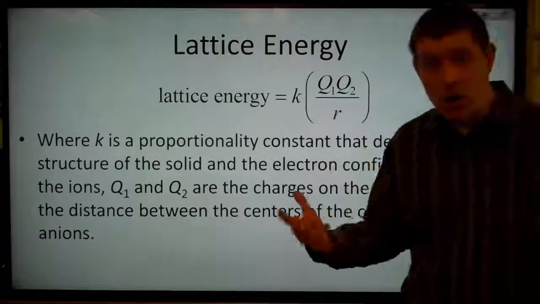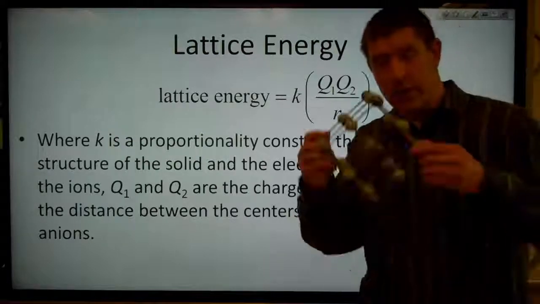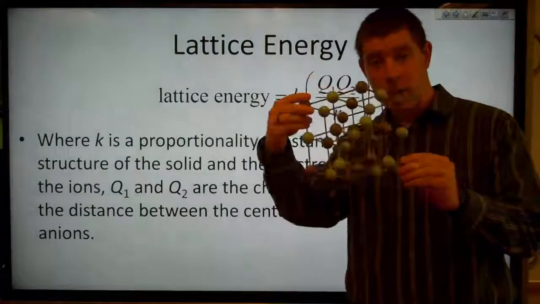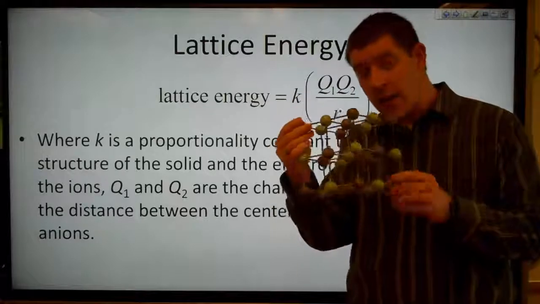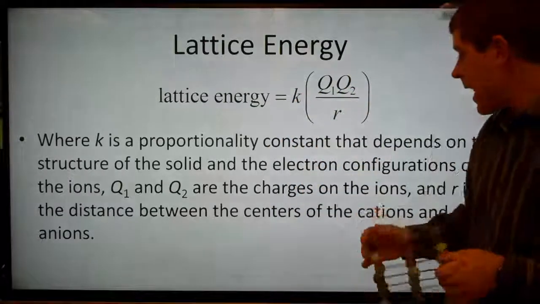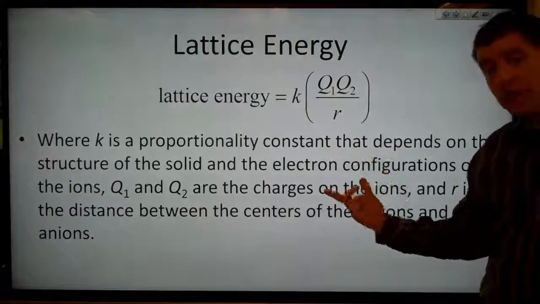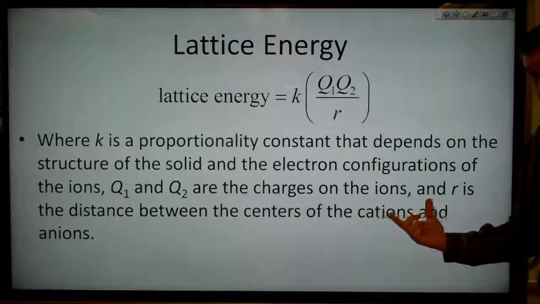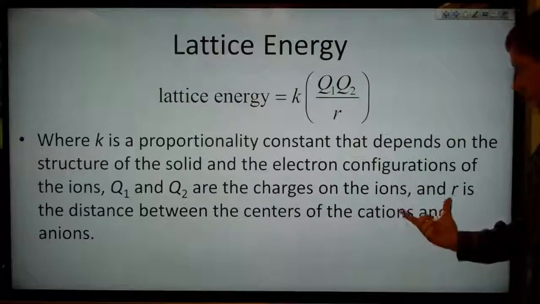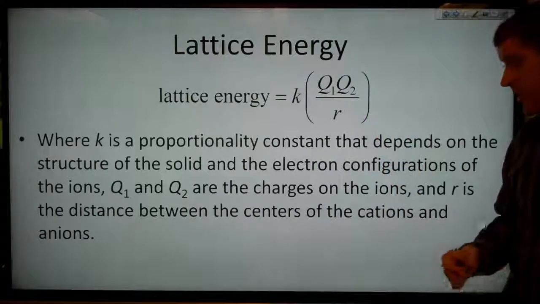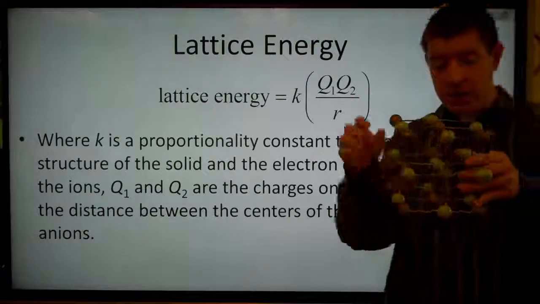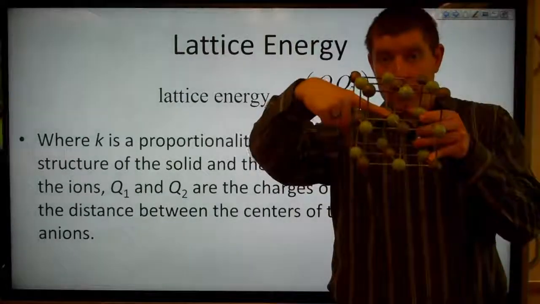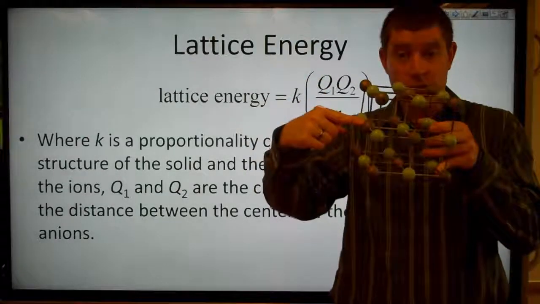Not all of the ionic solids have a structure that looks like the sodium chloride ones. So that K value depends on what the structure would look like and also the electron configurations of each of the ions. Q1 and Q2 are the charges on our ions, including the sign. And R is the distance between the center of the cations and the anions, so the distance from the center of this sphere to the center of that sphere, let's say.